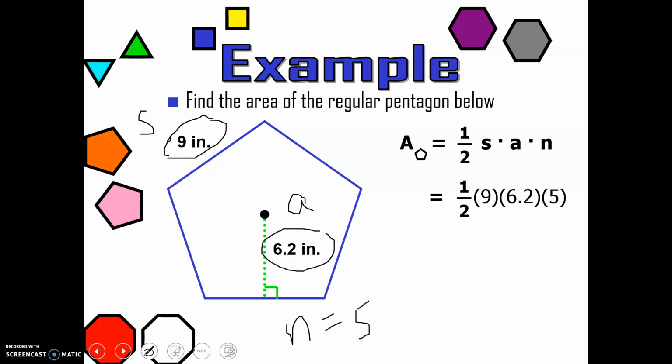So the area of that is just going to be the product of these three numbers, just taken in half. That's how I usually do this to make it easier. I multiply these three numbers first, and then I will just divide those values by 2 or multiply them by 0.5. Whatever the case, you should get 139.5 square inches.